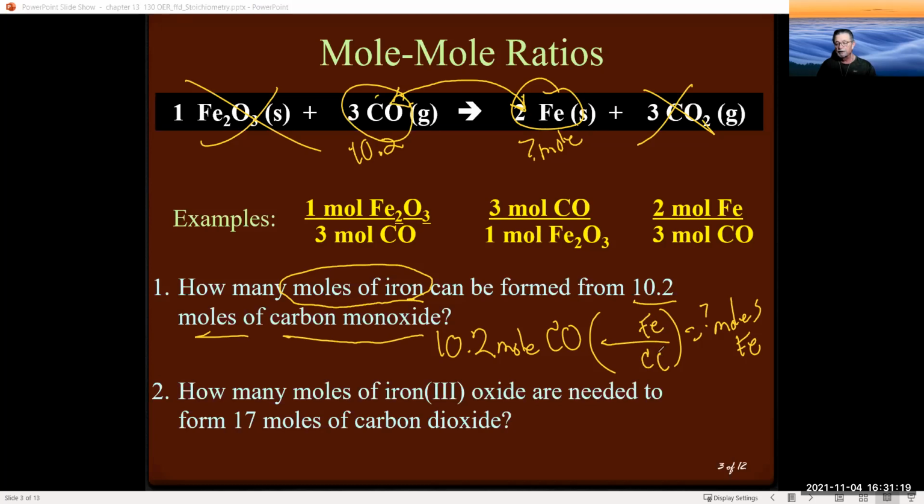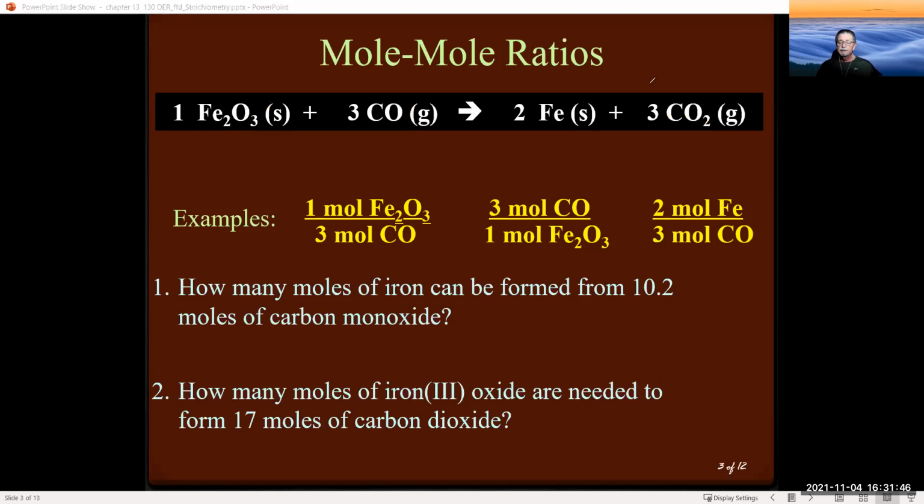And carbon monoxide in the denominator because we want CO to cancel, leaving us with iron. And so now we look at the mole ratio of iron, which was a 2 in front of it, and carbon monoxide is a 3, okay? So therefore, 2/3 of the 10.2 would equal the number of moles of iron necessary for this reaction.